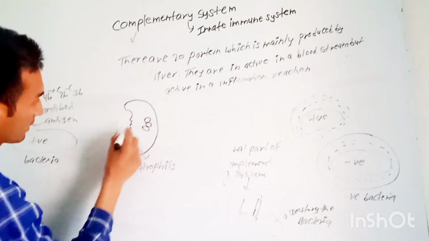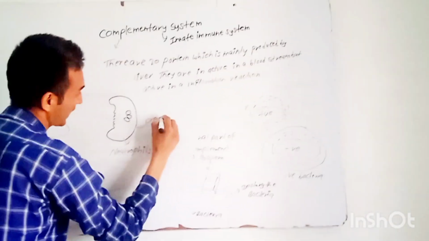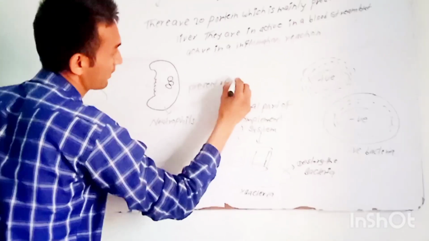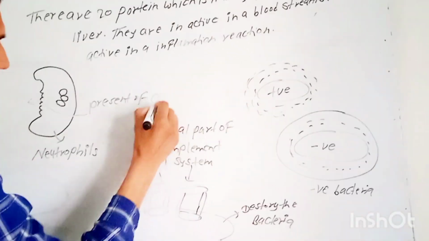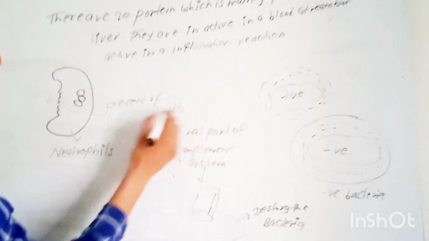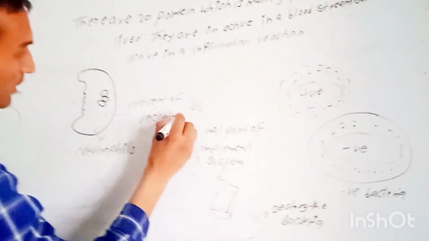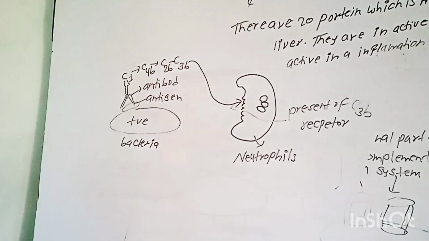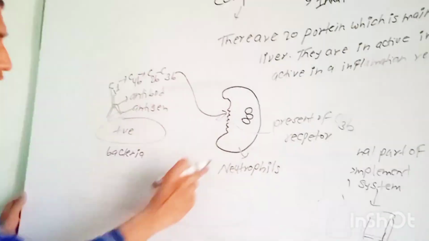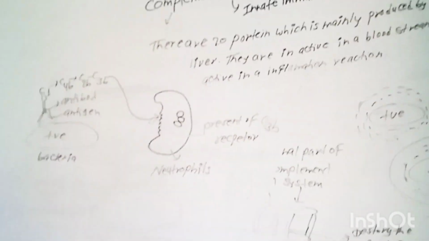With the presence of the C3b receptor, the neutrophil can easily attach to the C3b protein. Then the neutrophils can engulf the bacteria by this process.